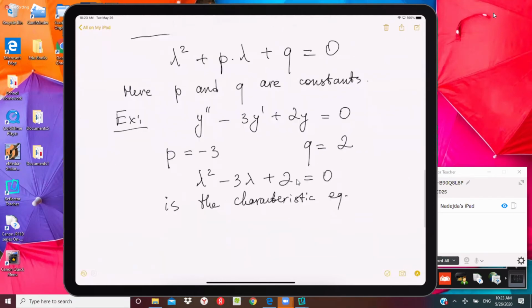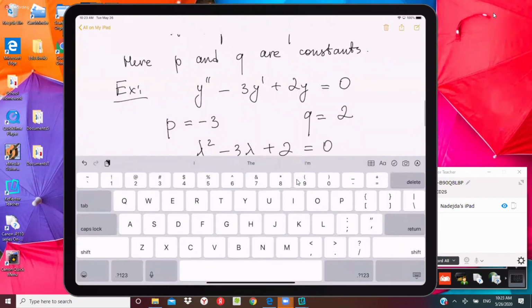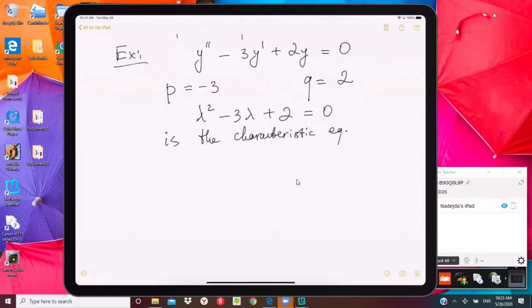Perfect. So the reason we want to know how to build a characteristic equation is that this is the equation that will tell you what the solution is. So there are 3 cases. And by the way, the equation itself, what kind of equation is this?